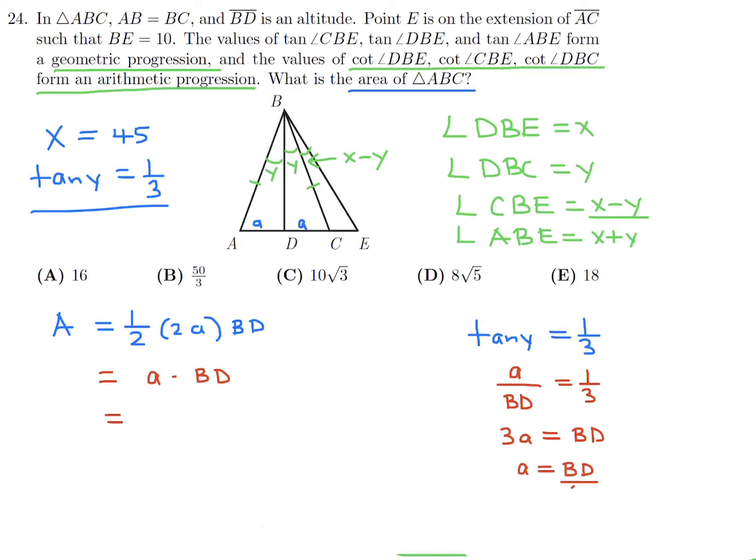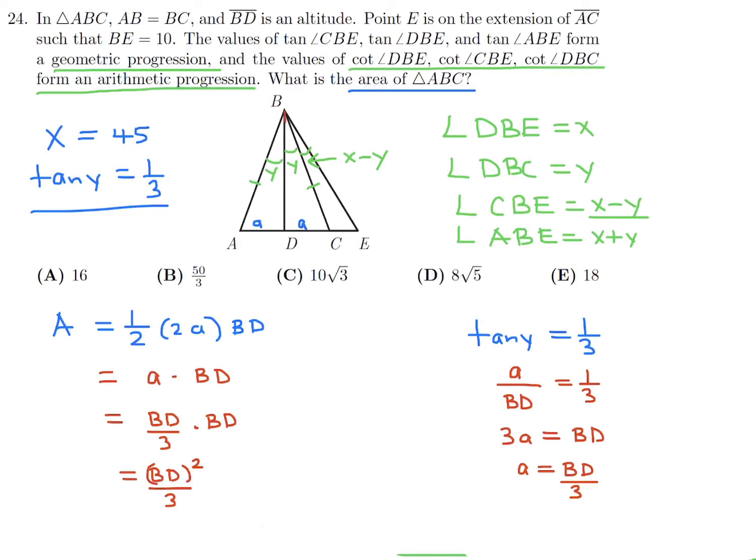BD over 3. So we'll just put that in there. BD over 3. So this becomes BD squared all over 3. Okay, if we can find BD, we are set. What is BD? It's the altitude from there to there. Okay, no problem. We should be able to do this.